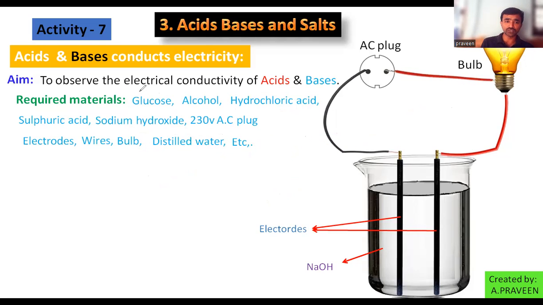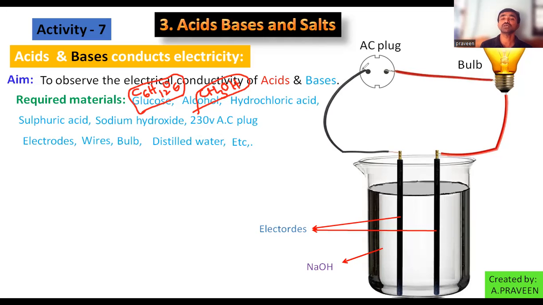Glucose has the composition formula C6H12O6, and alcohol, suppose methyl alcohol, is CH3OH. Are these producing ions? No. They contain hydrogen but do not produce ions, so they are not acidic in nature.